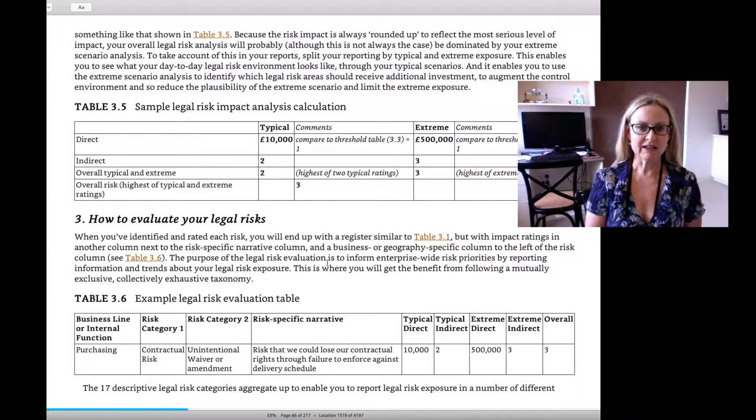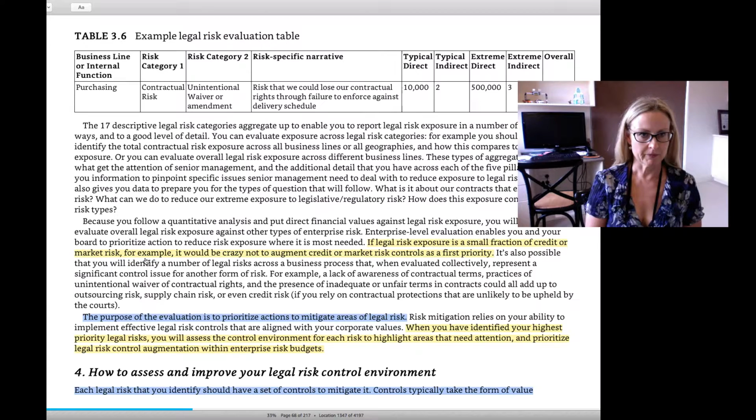And then they say, well, you don't have to assess the risks in the same way as you do for a consequence / likelihood matrix. You simply enter all of these hard data figures into your table of identified legal risks.